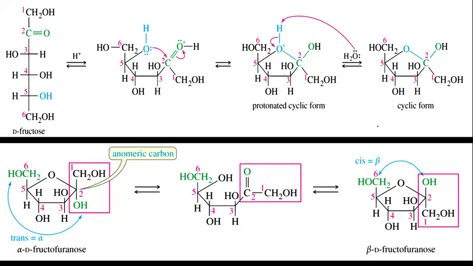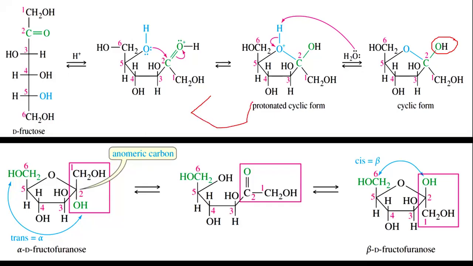If the OH group is at the top, then we call it the beta structure. Here they have drawn the beta structure of furanose. This is a fructofuranose. You would have seen the structure of furan.